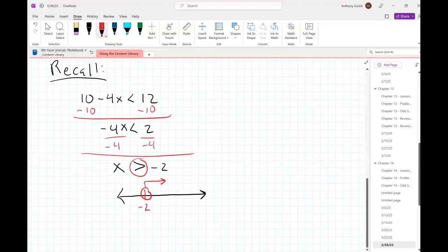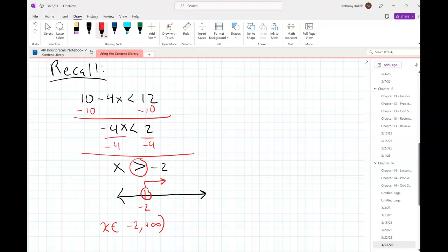Now, how would I write this using interval notation? Positive infinity. And then what do I need here? Parentheses or brackets? Well, you know a parenthesis goes on all the infinities, right? How about for the -2? Should I get a bracket or a parenthesis?